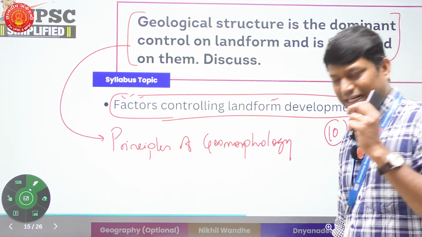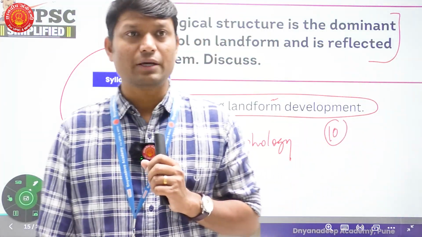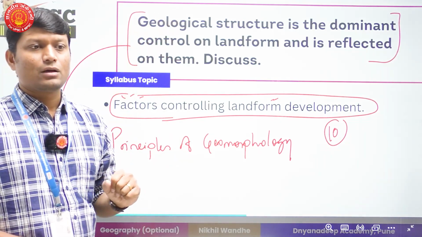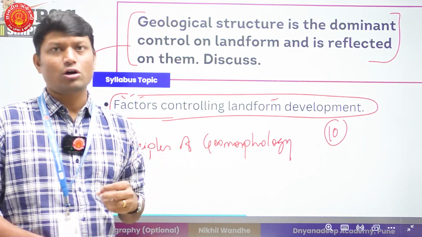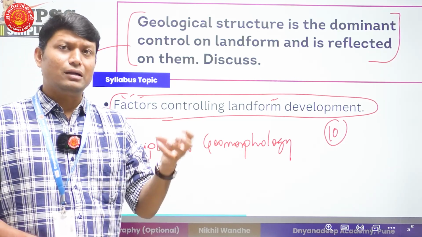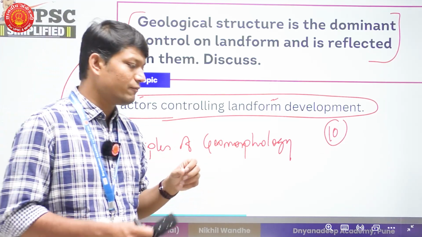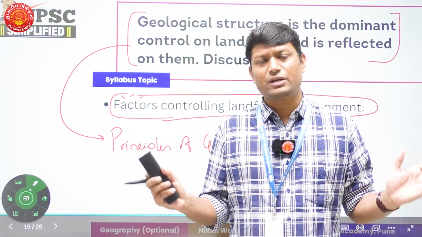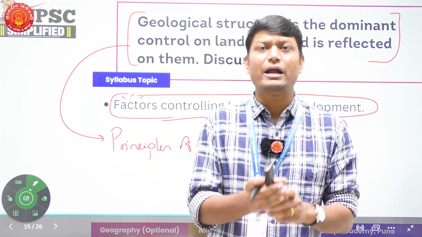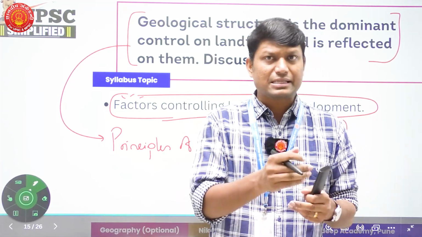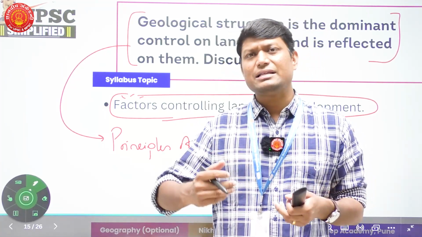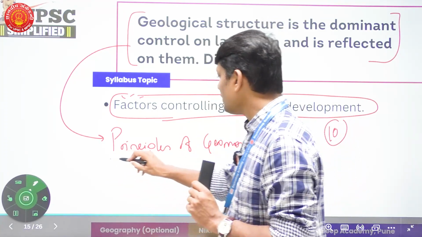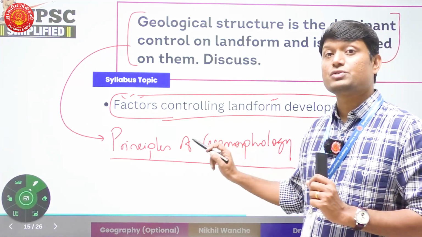By and large, we study 10 principles in geomorphology, and these principles come as statements given by many geographers, and they are understood in a very scientific way, in the way of geography itself. Various aspects of geography are collated together, this sentence needs to be interpreted, and then there is a critical evaluation of the statement also. That is what we have in the topic of principles of geomorphology.